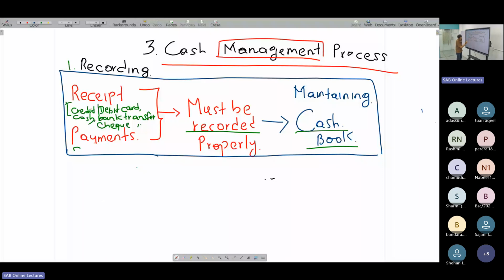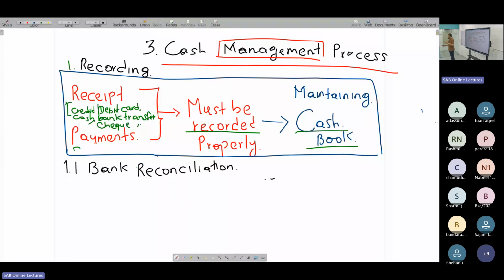Recording again has a subsection, which is bank reconciliation. So the first management activity is recording in the cash book.